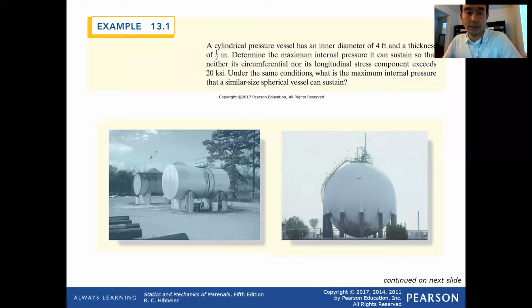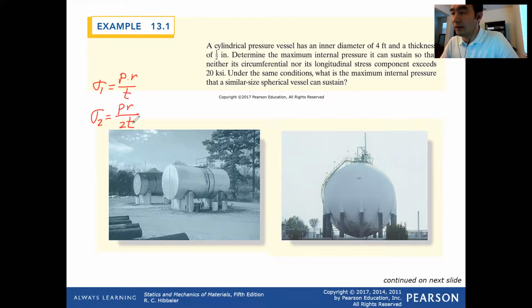So let's say this is a cylindrical pressure vessel. So we have sigma 1, which was P times R over T, and this was the circumferential stress, and sigma 2 was PR over 2T.